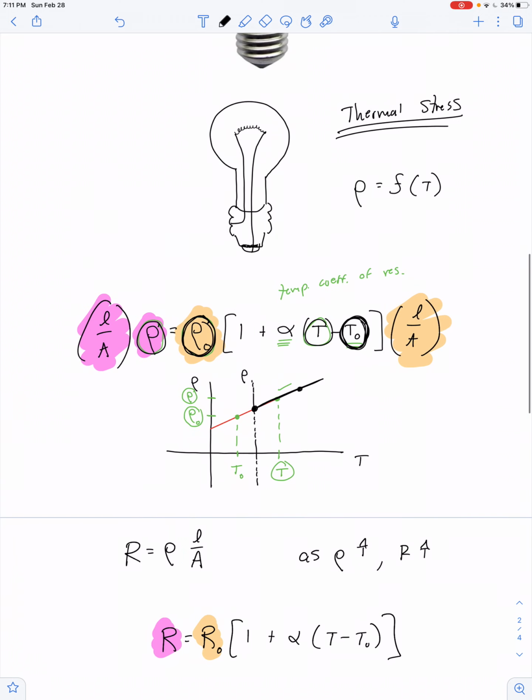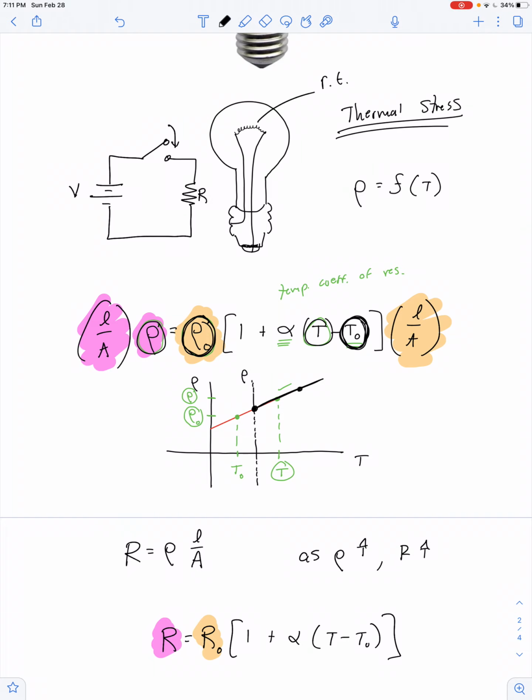So we turn on the light bulb by dropping a switch. So the light bulb is represented by the symbol for resistance. There's the voltage. The switch is dropped. And at first, this wire, or the filament, is at room temperature.